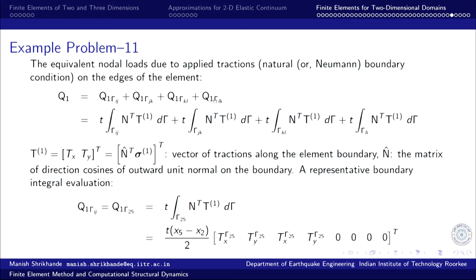So, that is a typo here, pardon for that error. And this subscript 1 refers to element number 1. So, for element number 1 the boundary along the edge I j, for element number 1 boundary along j k edge, for element number 1 boundary along k l edge and so on. So, that would be given by integral, again thickness is of course a constant.